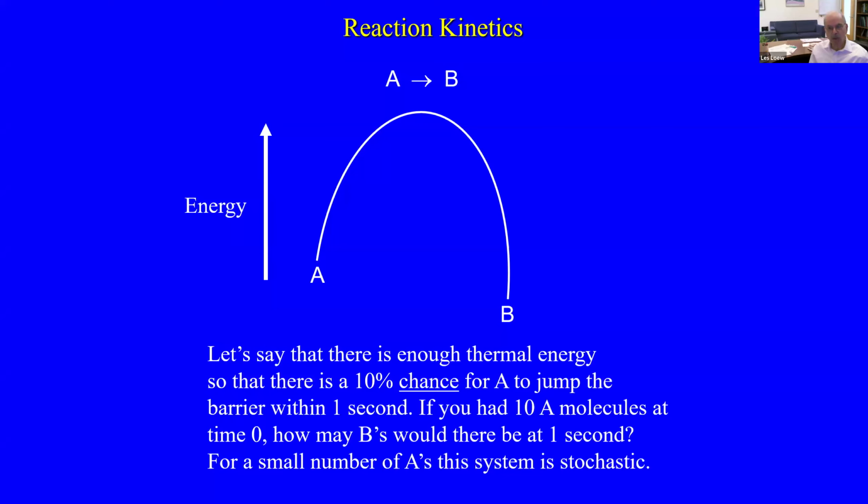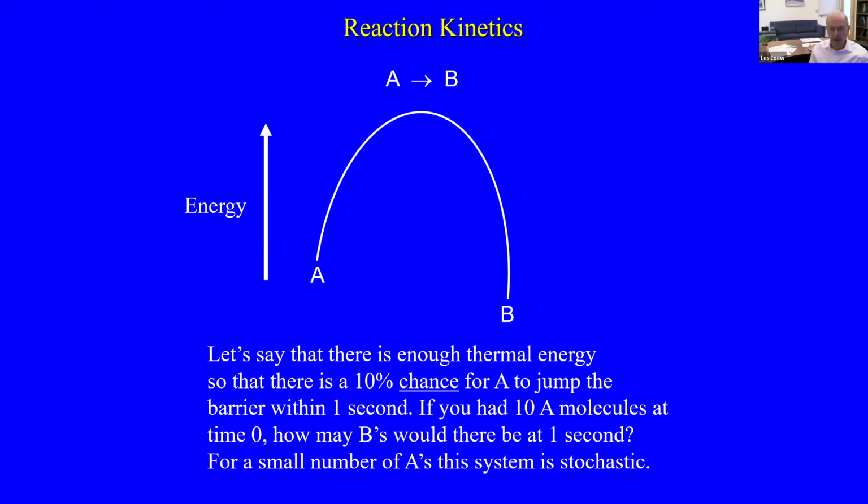If we have a very small number of molecules, we can't really say for sure whether any one particular molecule will gain enough thermal energy during 1 second to jump that barrier. But if we have a lot of them, we can say that about 10% of them will jump the barrier in 1 second. That's because the rate constant is 0.1 per second, or 10% chance for A to jump within 1 second.